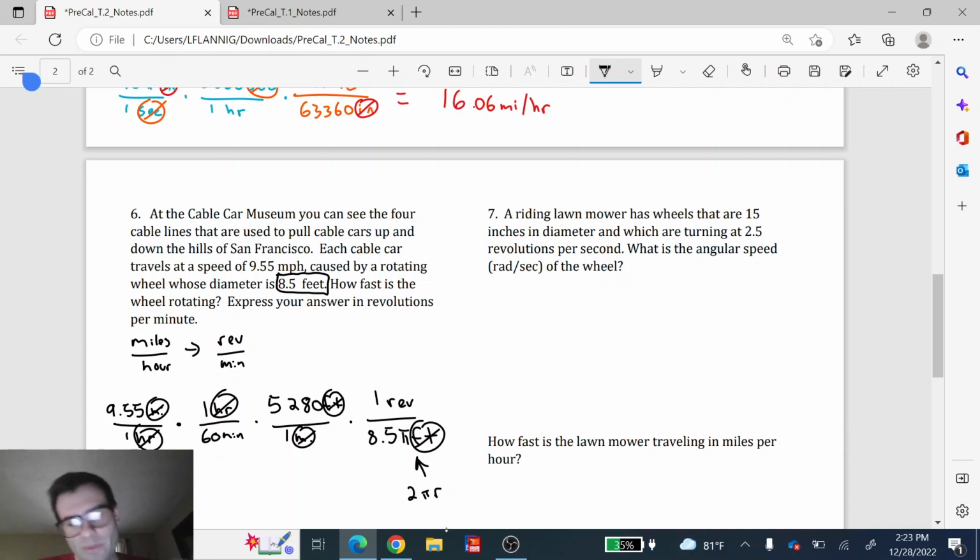Diameter is just 2r, so we have 8.5 pi. Next, we multiply straight across, 9.55 times 5,280 times 1 times 1, and then that's over 1 times 60 times 1 times 8.5 pi, which ends up giving you 37.41 revolutions per minute, because that's what's left over.